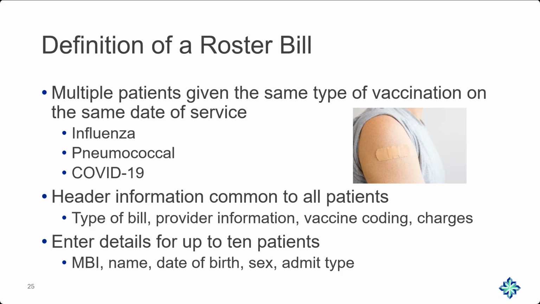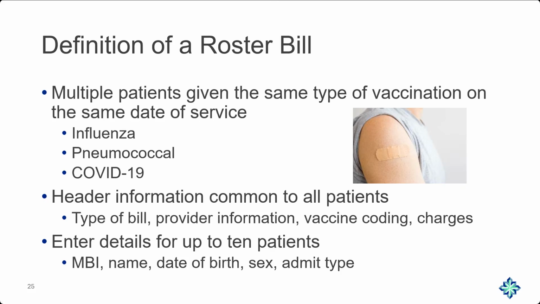And this is done by completing what we call header information that's common to all patients. The type of bill, the provider information, the vaccine coding, the charges are all going to be the same for every person on that day. Then you'll enter the list or the roster of patients who got that vaccine on that date.